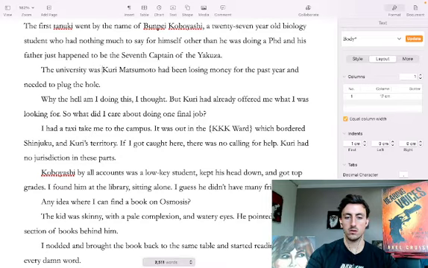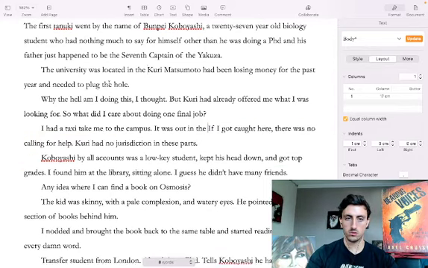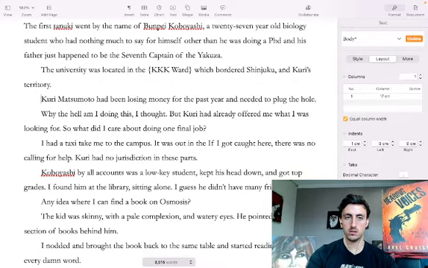The university is located in this ward, which bordered Shinjuku, and Kyory's territory, and was therefore bordered Kyory's territory.